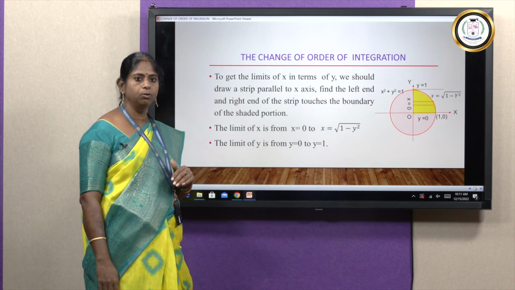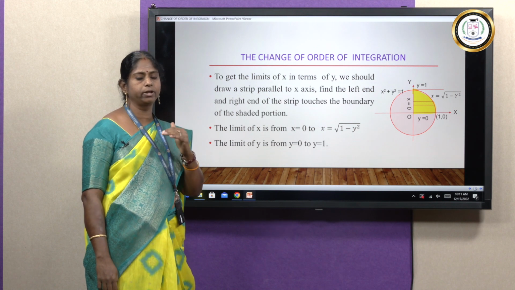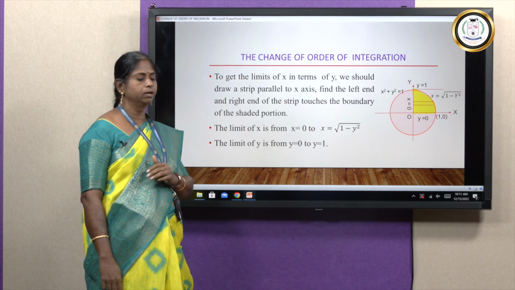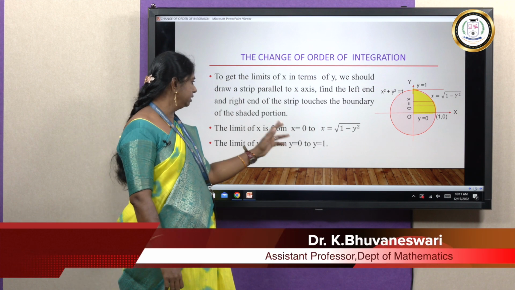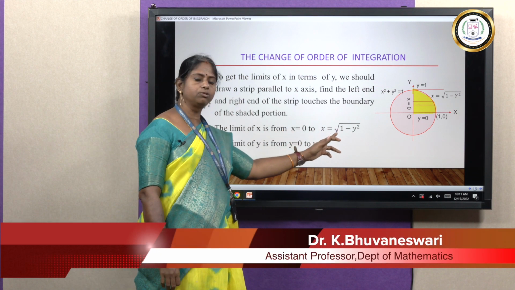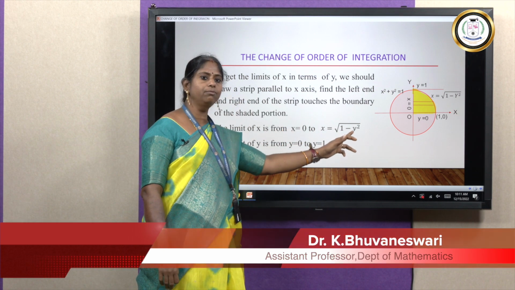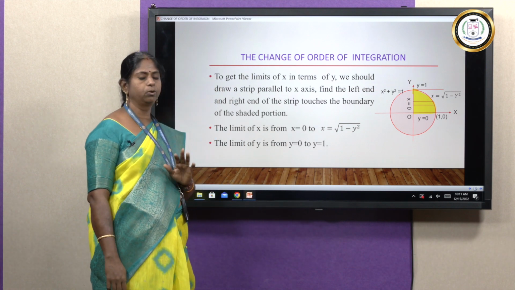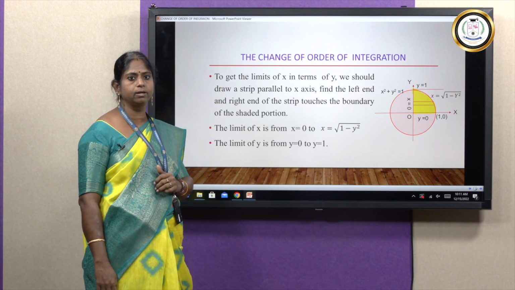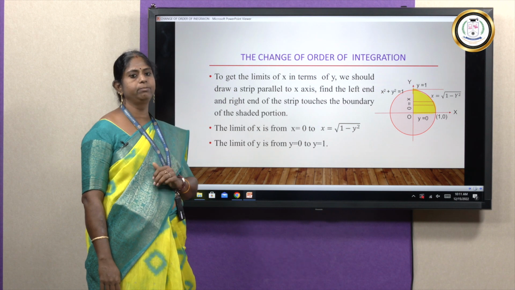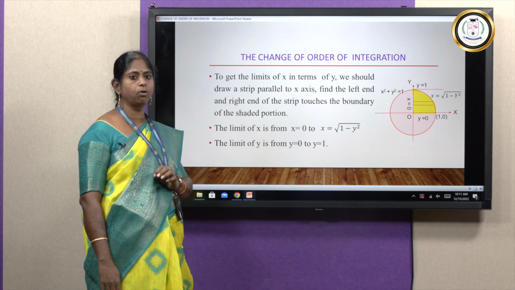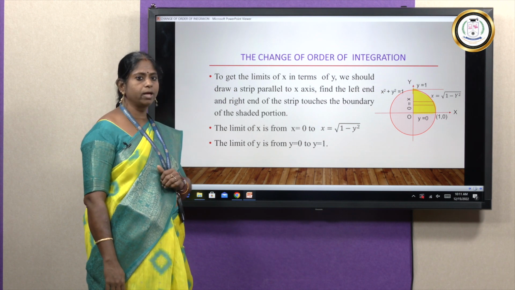So now I know the limits for x in terms of y. The lower limit of x is 0 and the upper limit of x is square root of 1 minus y square. Then what else do I want to find? I want to find the limit of y, and that should be the constant limit. How will I find it?